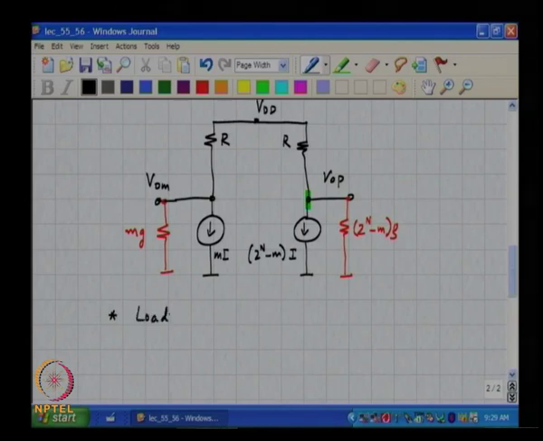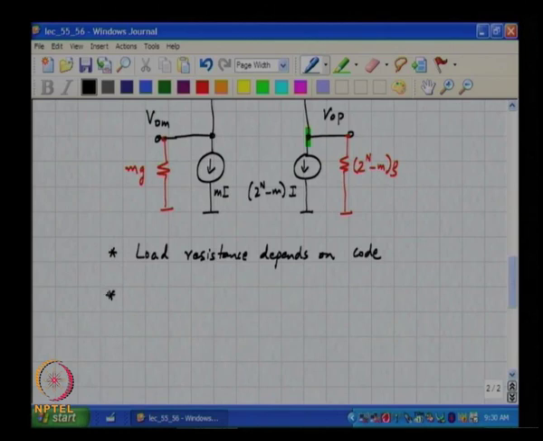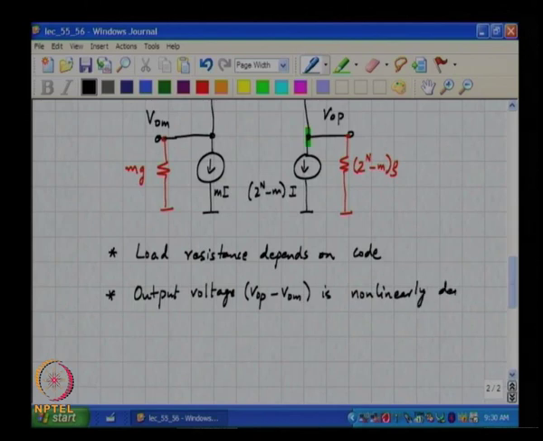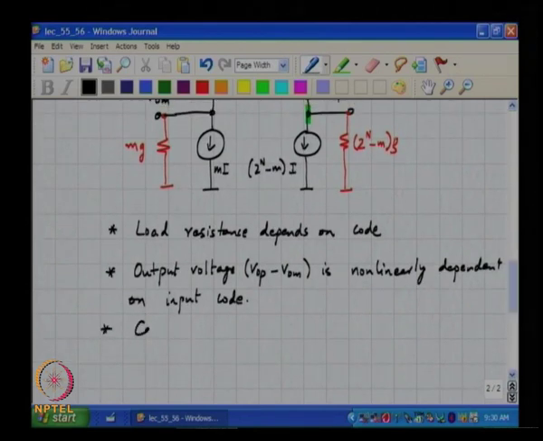The bottom line is that the load resistance depends on code. So, output voltage VOP minus VOM is non-linearly dependent on input code, which means this causes DNL slash INL.